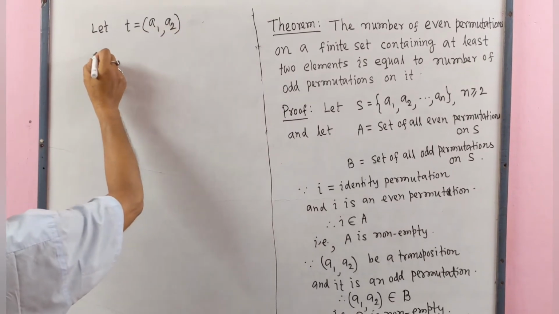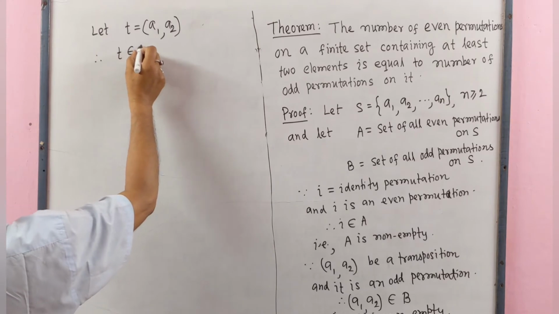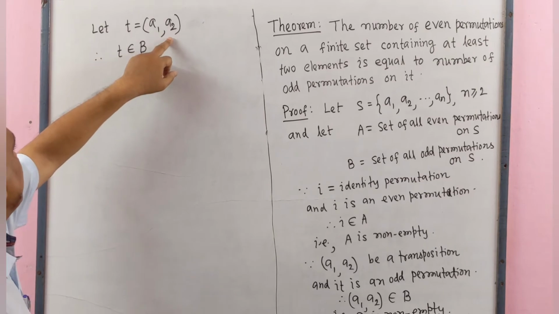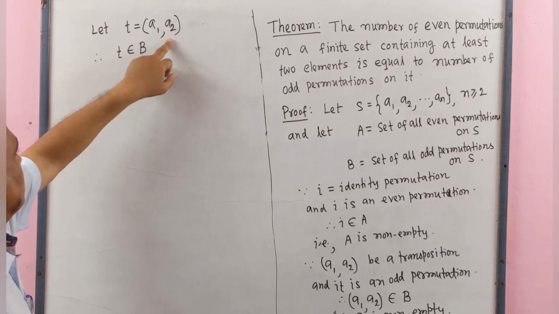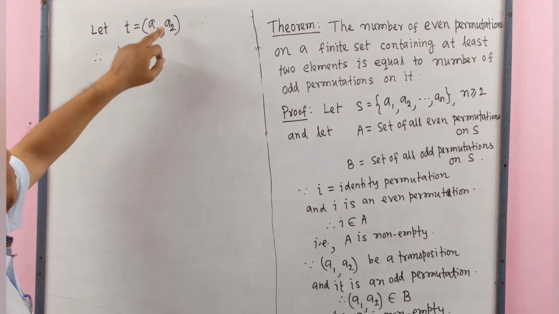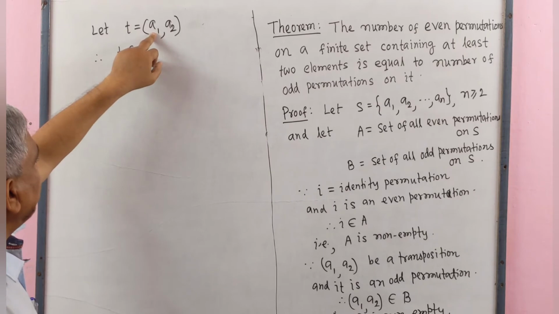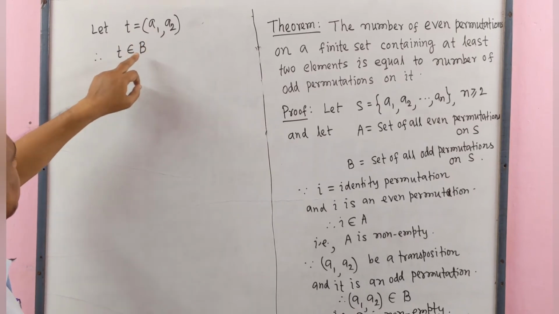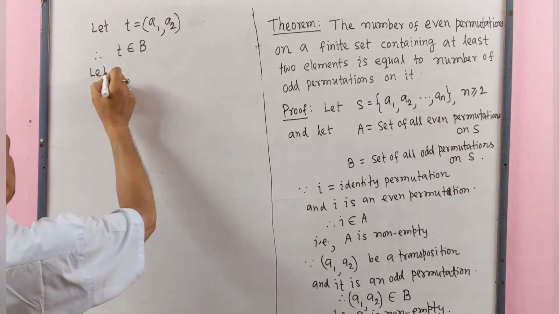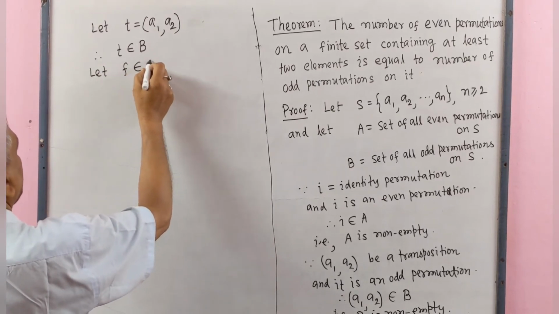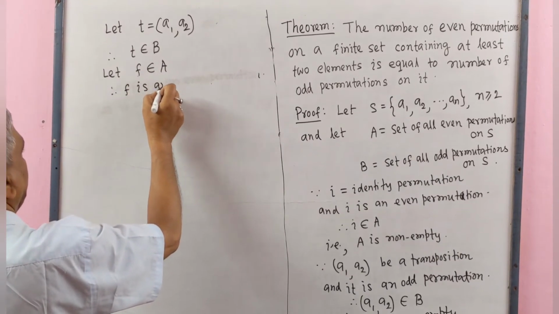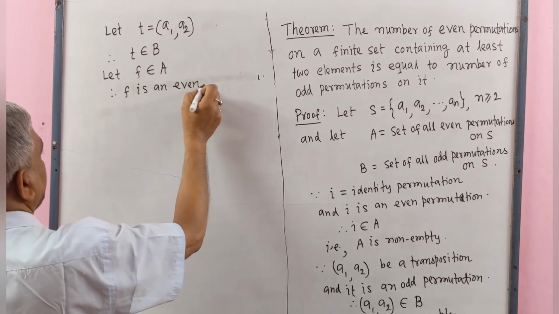Therefore, T belongs to B. Since this is a transposition, so one number of transposition, so it is an odd permutation, therefore T belongs to B. Let F belong to A, therefore F is an even permutation.